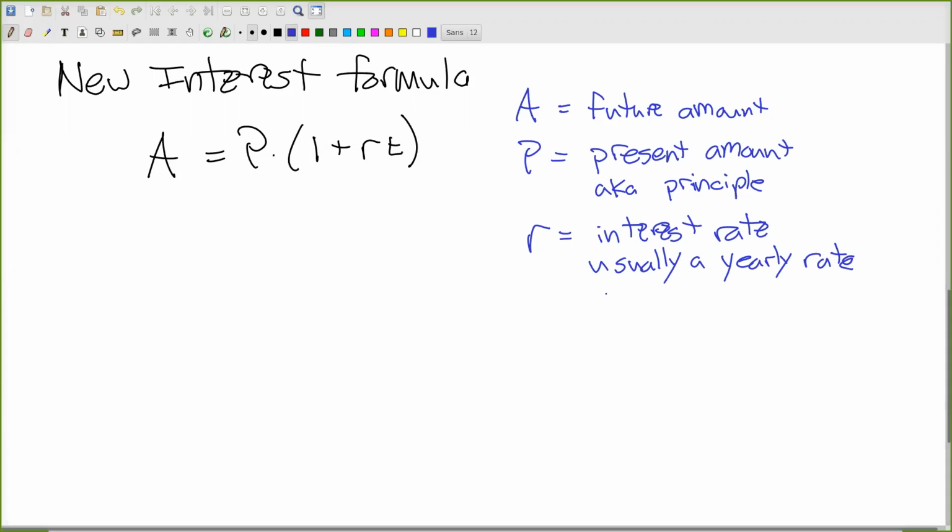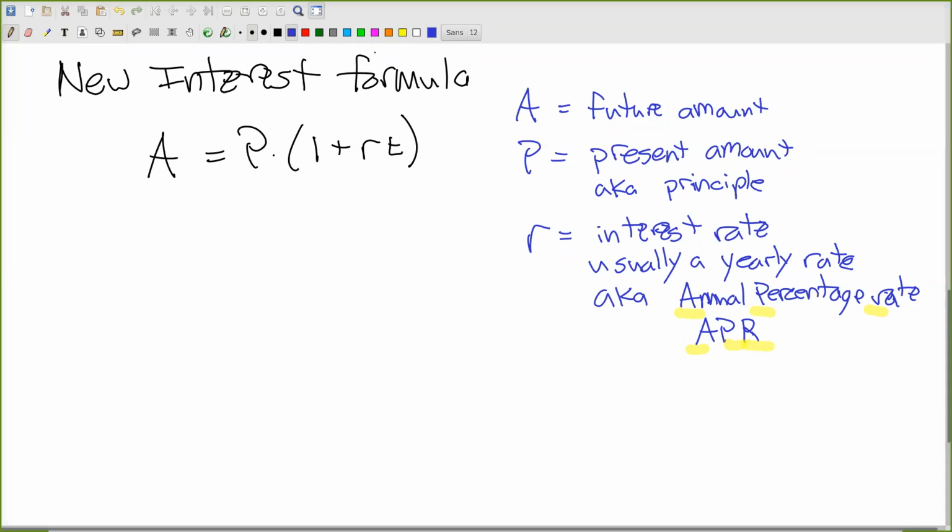It's also known as an annual percentage rate. And annual percentage rate, I'm going to abbreviate often as APR. Okay, so that's annual percentage rate.